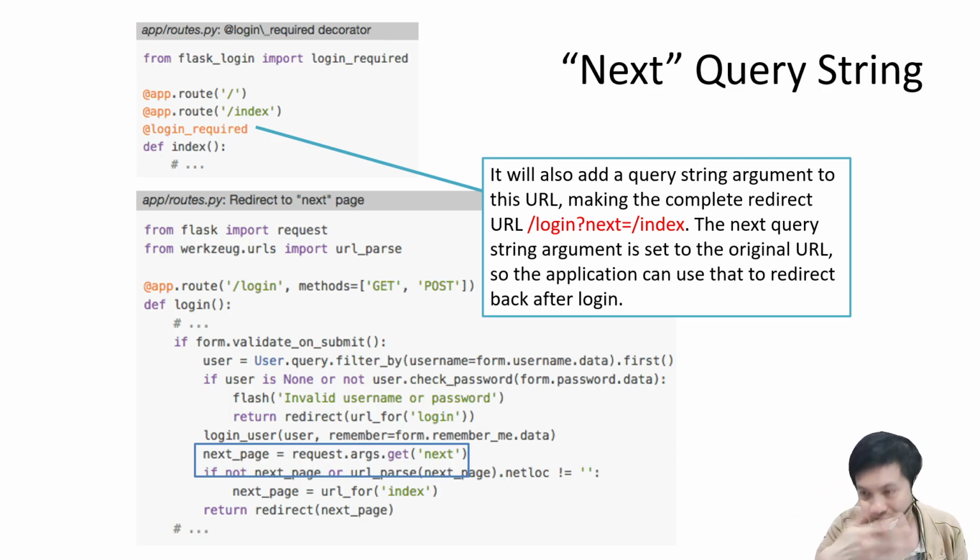He can't view it before login, since he was redirected from the previous page, and after login you need to redirect him back to his original URL. You need to save it. Before the redirect, we append the next parameter with this syntax, and then get it from next. You set up the next page, and if login succeeds, you check whether there is a next page, and you redirect back to the page he was on before his login.